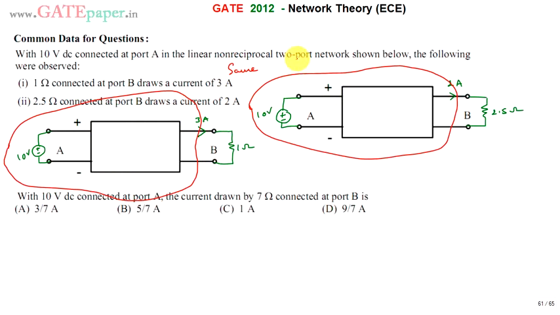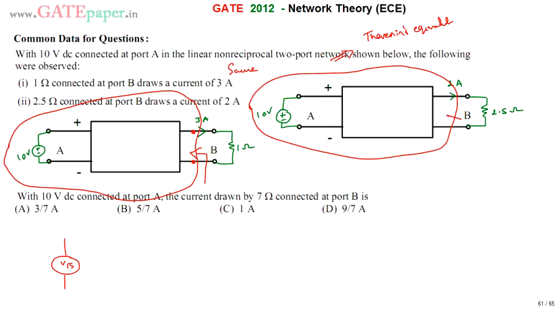So this complex network can be replaced with a Thevenin's equivalent. The Thevenin's equivalent is the same for both because both are the same circuit. Let us assume the Thevenin's equivalent consists of an open circuit voltage VTH across the terminals, looking into this circuit.